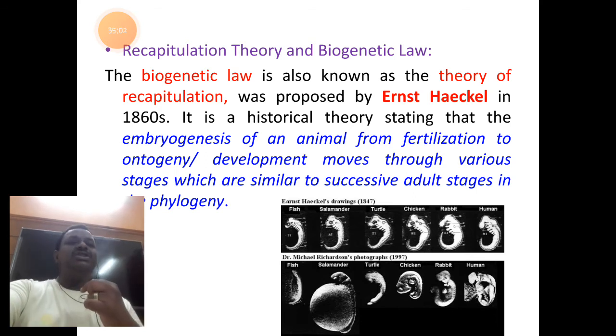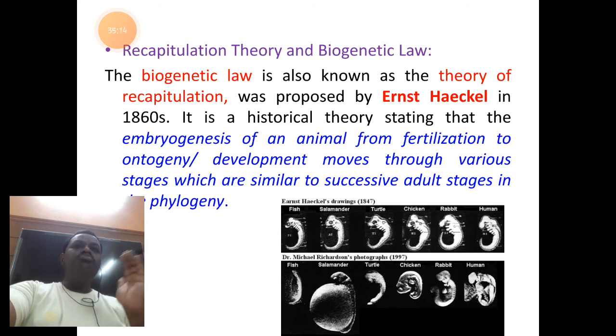So, ontogeny repeats phylogeny, or the ORP concept here. It means that during embryo formation of an animal, from fertilization stage to the late embryo, most similar stages are seen in the organisms, or the organism will repeat the features of their ancestors.